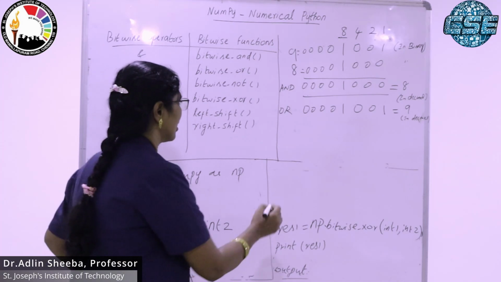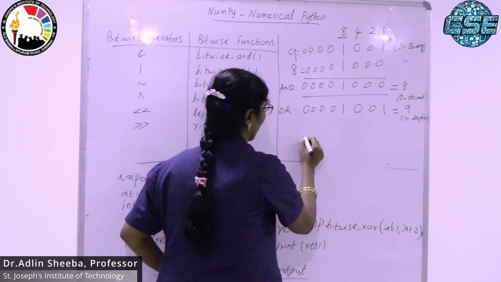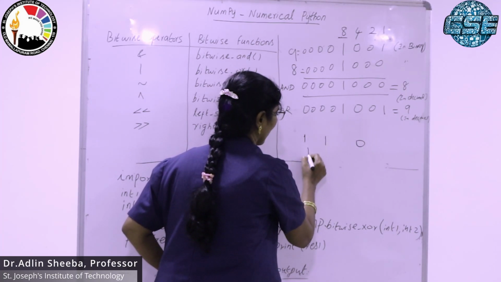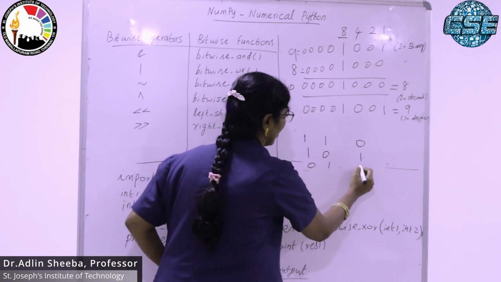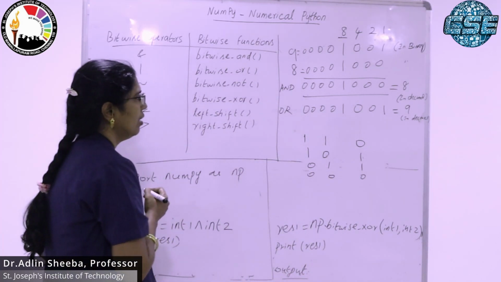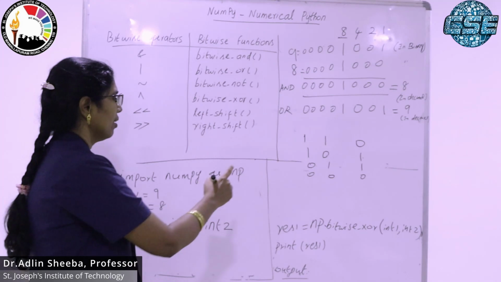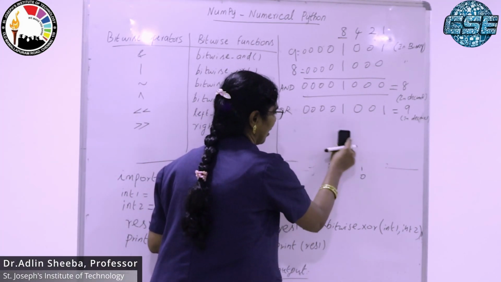For bitwise XOR, if one of the values is 1, then the result is 1. Here the result is 1, and in the remaining places the values are 0. So this is the truth table for bitwise XOR, and based on this we can calculate.